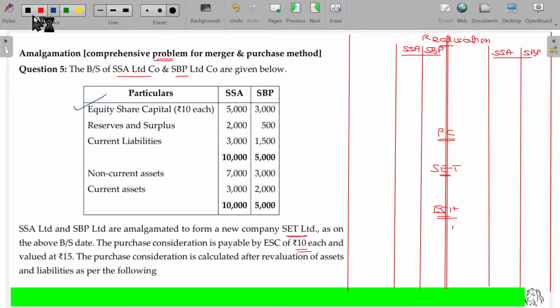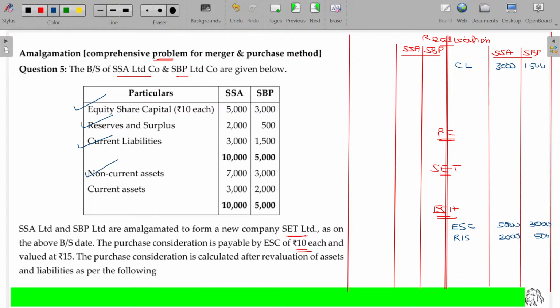Close the books of accounts: equity share capital, transfer to the equity shareholders account. Here the value being 5,000 and 3,000. Reserves and surplus should also be meant for the owners, 2,000 and 500. Current liabilities should be closed by transferring to the realization account, 3,000, 1,500.